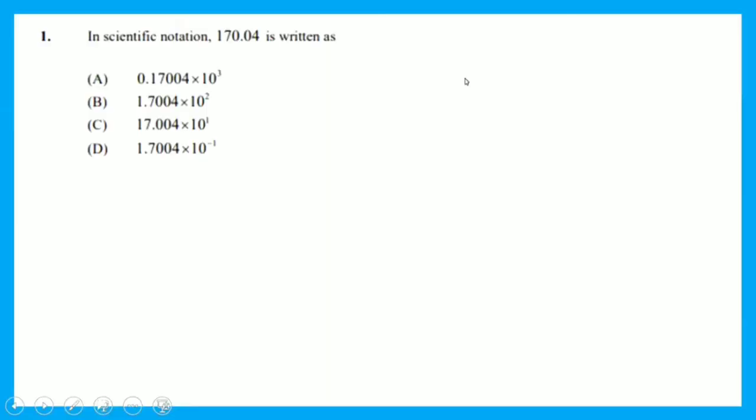All right, so our first question for today says, in scientific notation, 170.04 is written as... As you may already know, scientific notation is a way in which you can write a number, expressing it as a product of a power of 10.